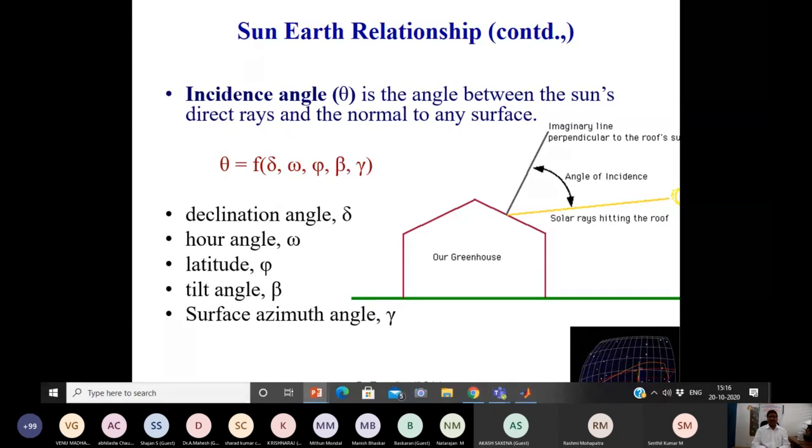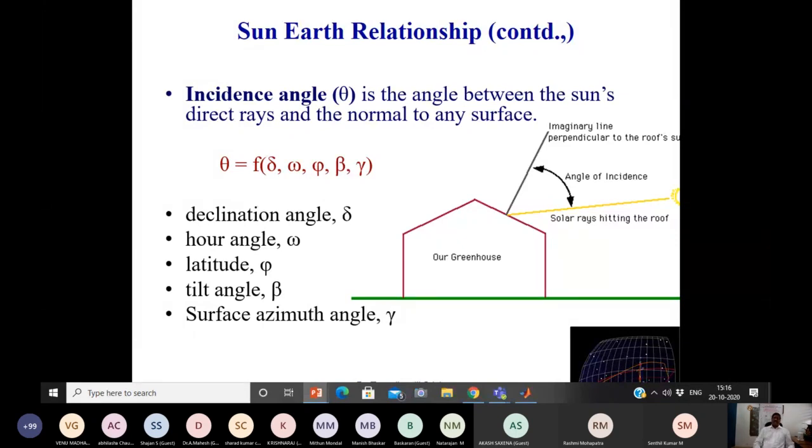So one reference line is required. The south line is the reference line. With reference to the south, the angle the shadow of the sunbeam makes with the south line is called the azimuth angle. If the azimuth angle is defined with reference to the sunbeam, then that is called the solar azimuth angle.